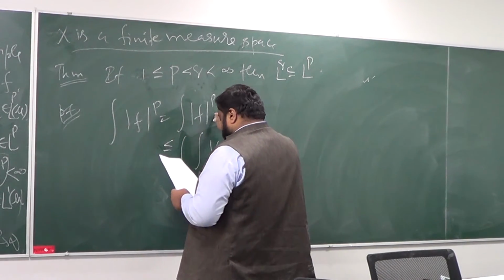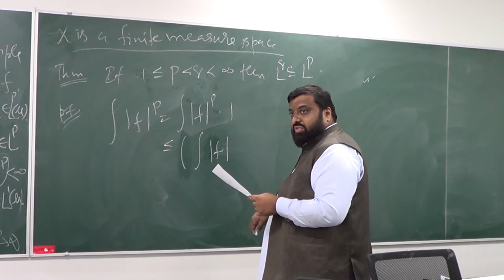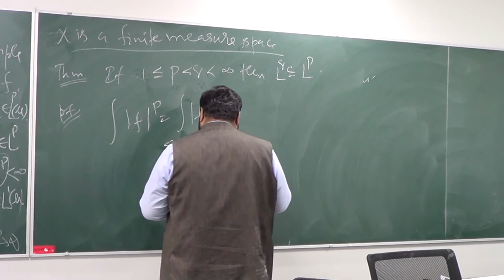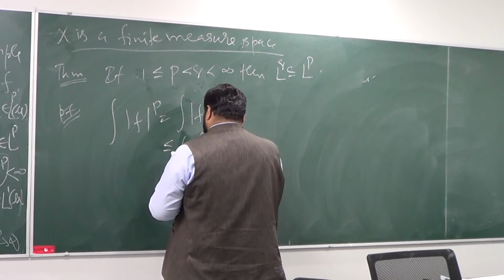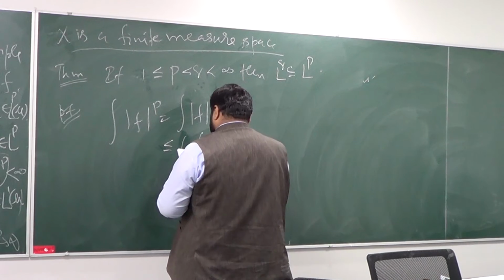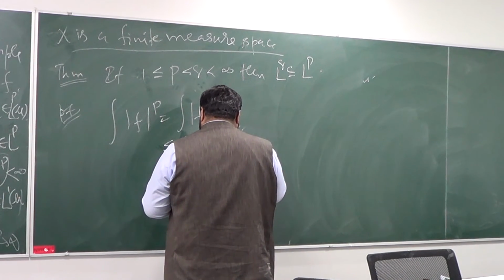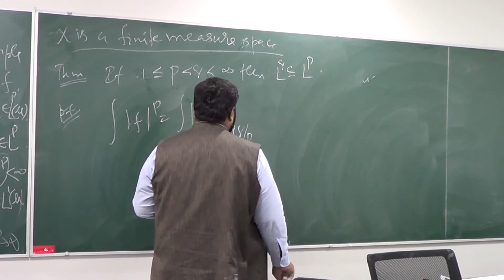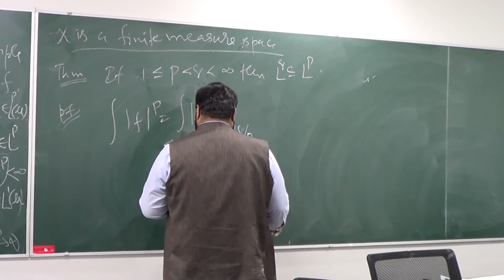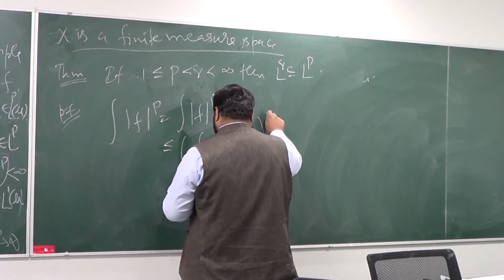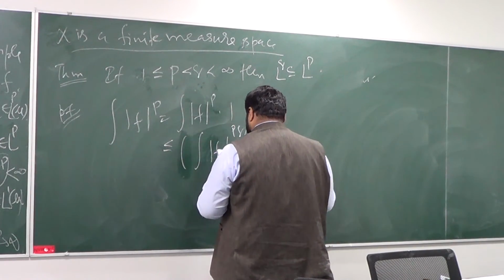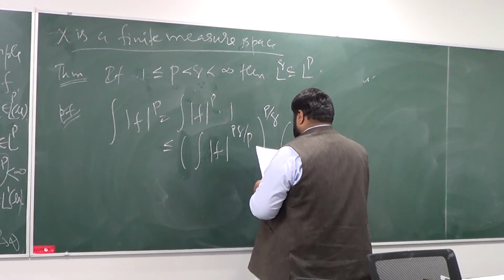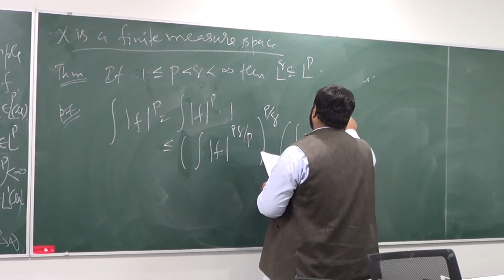You already have a power p here, so you have to be careful. It's not going to be as simple as we saw previously. So f in L^q to the power p, times mu of X to the power 1 minus p over q.